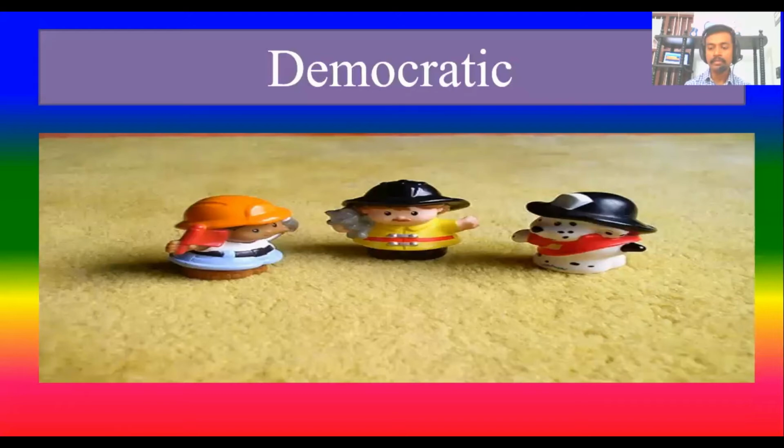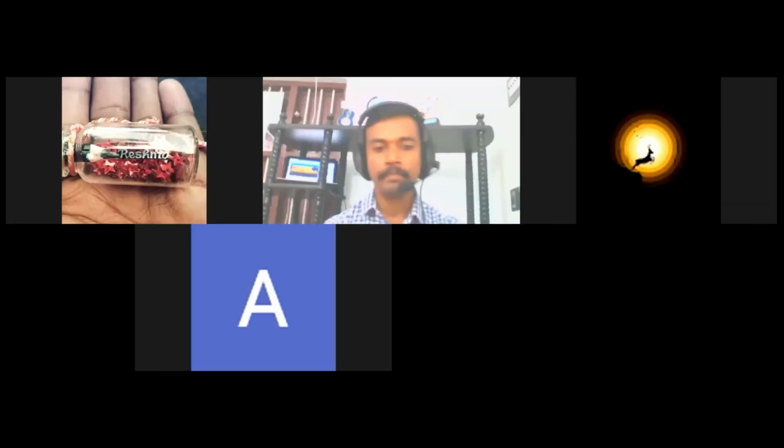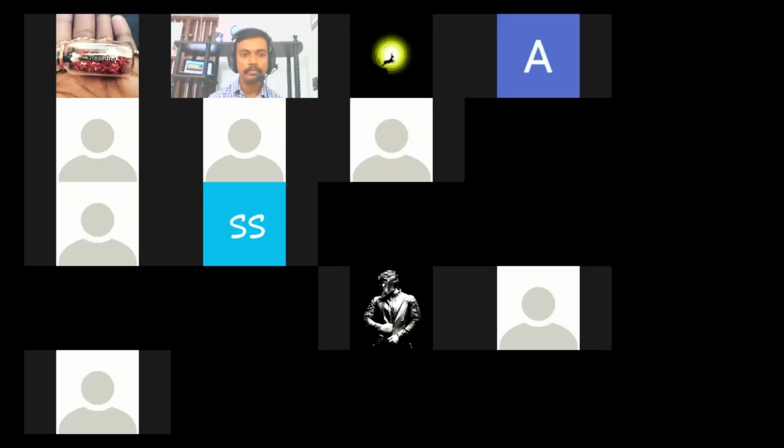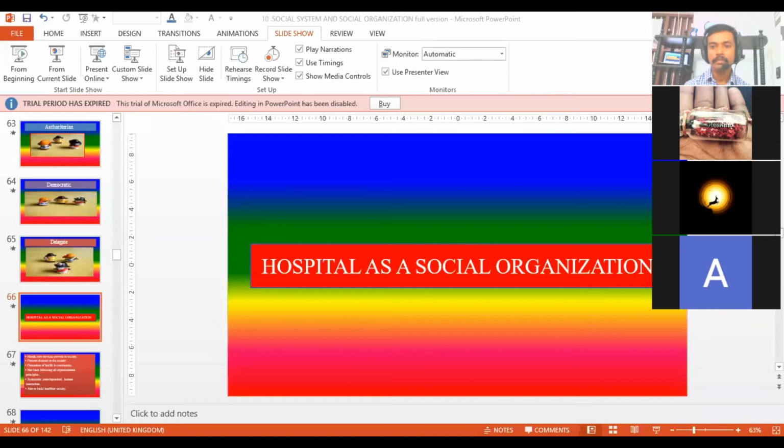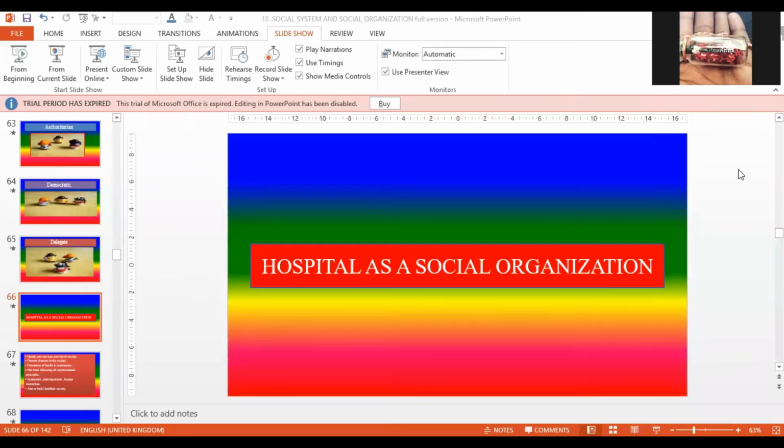For example, government is a macro organization, which includes familial organizations, educational organization, economic organization, political organization, etc.